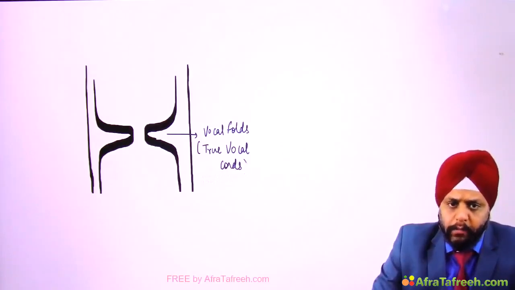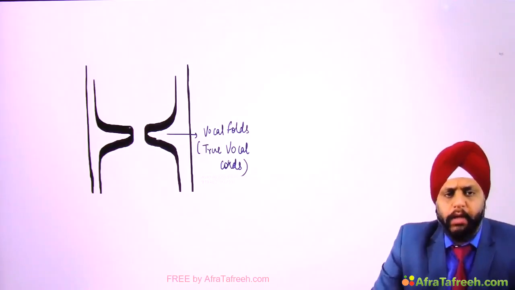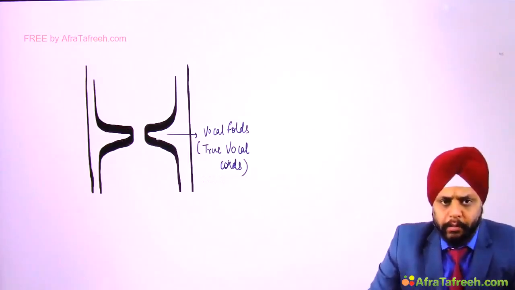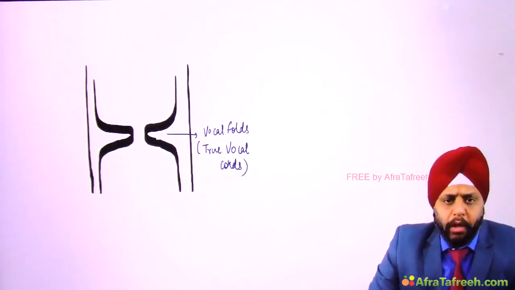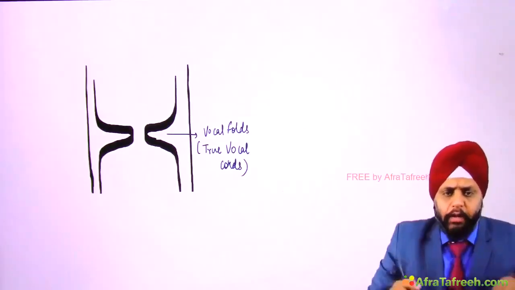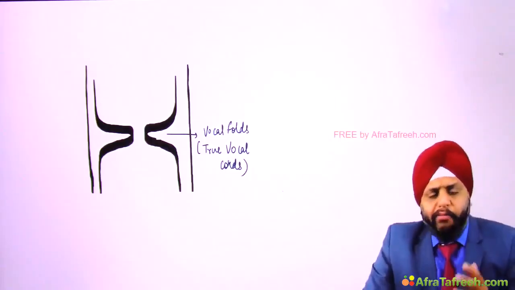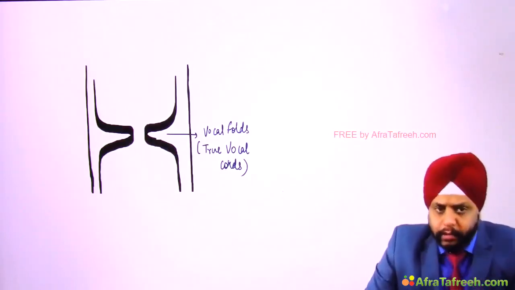Now we don't call them vocal cords. Why? Do they look like cords? Cord means like a rope, like a string. No, they don't look like cords. They look like folds, so we call them vocal folds. But why were they called cords earlier? That we will discuss later.